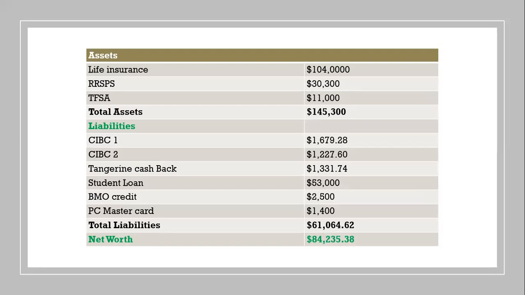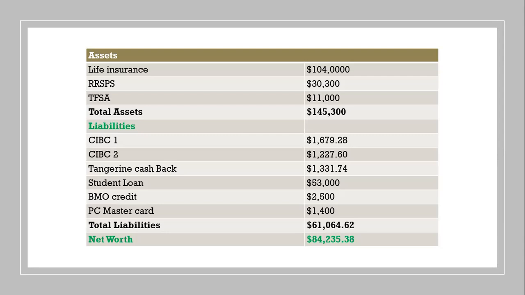So the liabilities: they have 1,679.25 CIBC, 12,227.60 CIBC, Tangerine 331, and student loan 53, and BMO credit 2,500, PSBC MasterCard is 1,400.